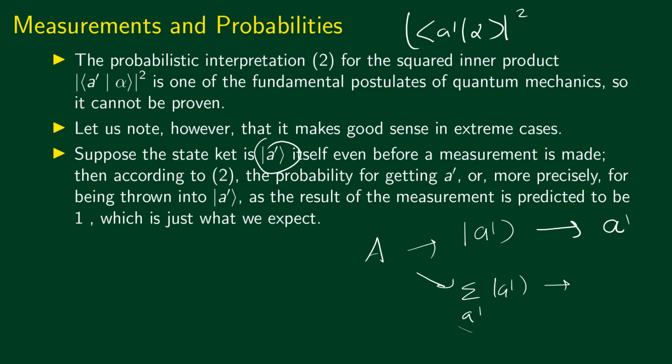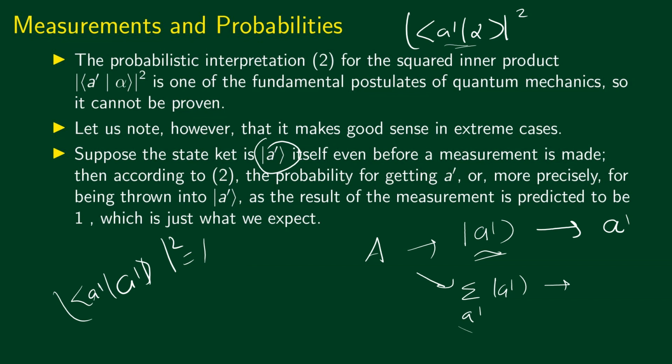So if it's in an eigenket, you are sure to get the eigenvalue A prime. In other words, the probability is 1, and this is also shown from this postulate. The probability can be calculated like this, and clearly this is also equal to 1.